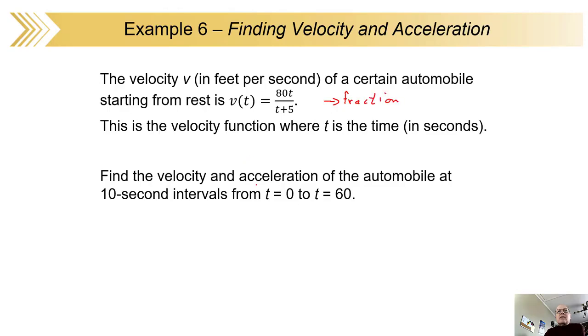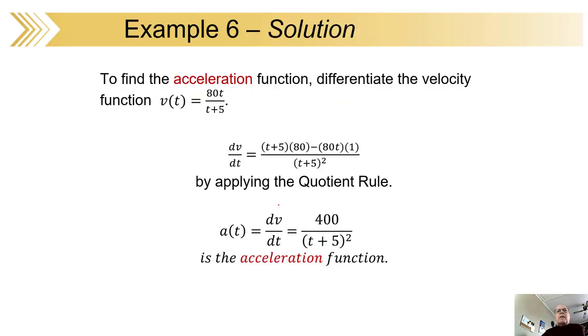So if you wanted the acceleration of this one, thinking ahead, what you'd have to do would be rewrite this, perhaps, or just use the quotient rule to get the acceleration function from the velocity function. So there's the quotient rule, and there's the acceleration function.